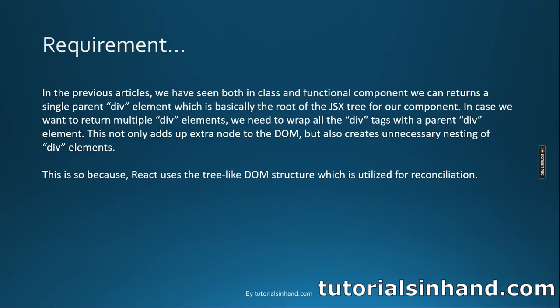Now to satisfy the requirement of React, what we generally do is wrap our hierarchical components with a parent div again. This adds a parent div over them so that we return a single parent div from the return statement of the React component, and this in turn satisfies the React rendering process. This is so because React uses the tree-like DOM structure which is utilized for reconciliation.